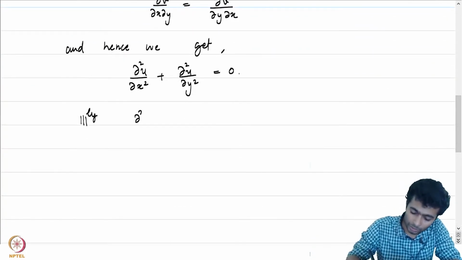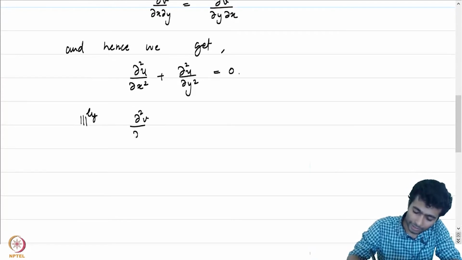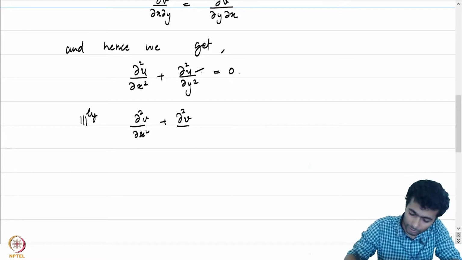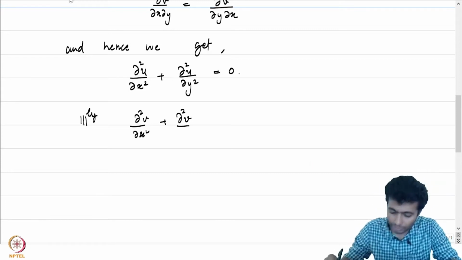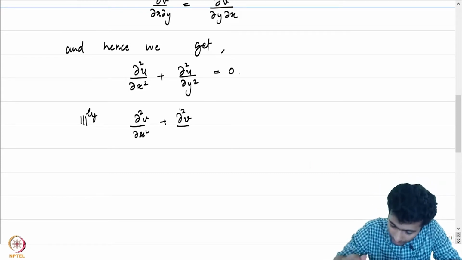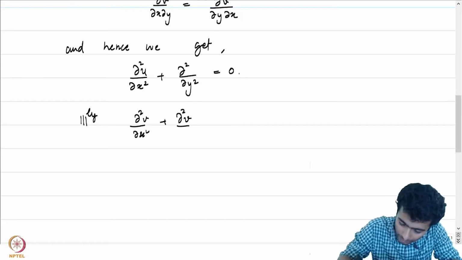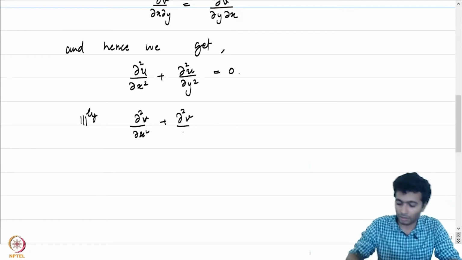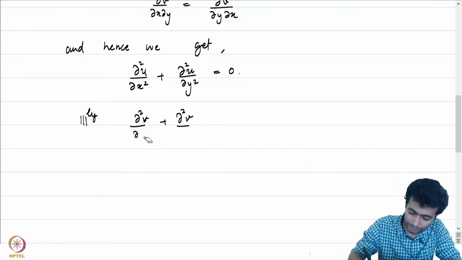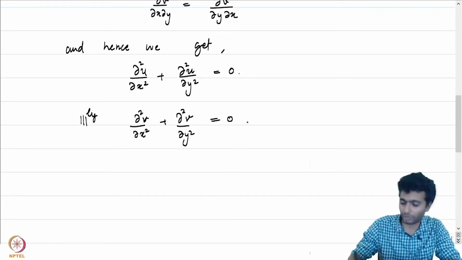Similarly, ∂²v/∂x² plus ∂²v/∂y² is equal to 0.